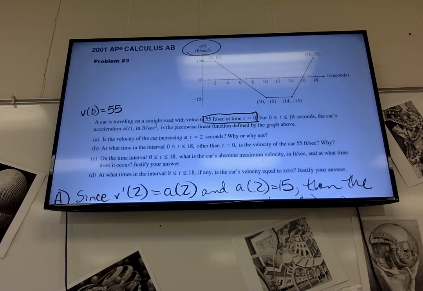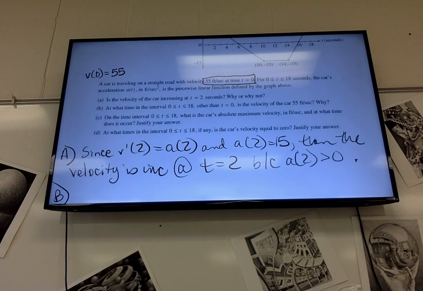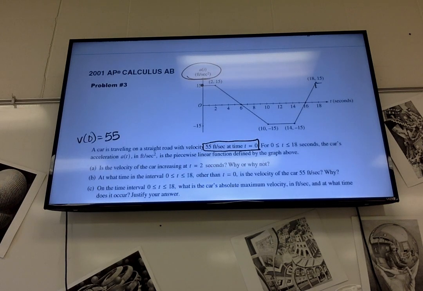Remember that this is acceleration, not velocity. But they're the same place. That is true, but this is acceleration, not velocity. That's just saying at 18 and at 0, they're both accelerating at the same rate. But it doesn't say that they're both 55.